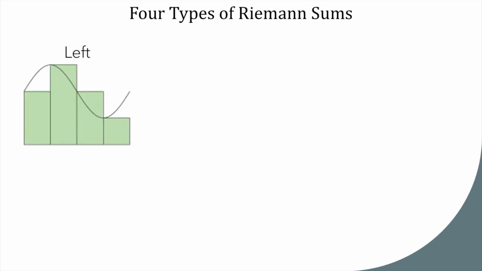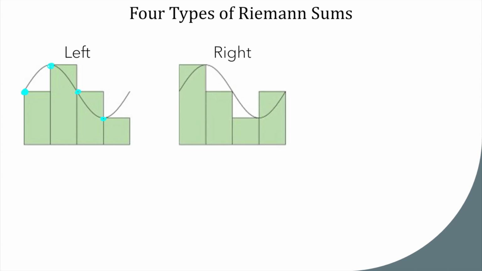There are 4 main types of Riemann sums. A left Riemann sum, because as you can see, the top left of the rectangle hits the function. Or we could have a right Riemann sum, where the top right of the rectangle hits the function.